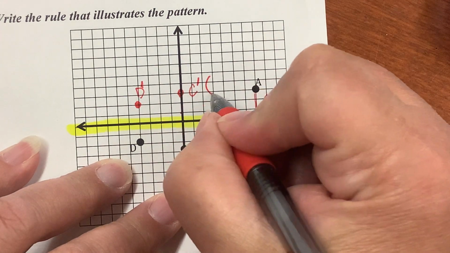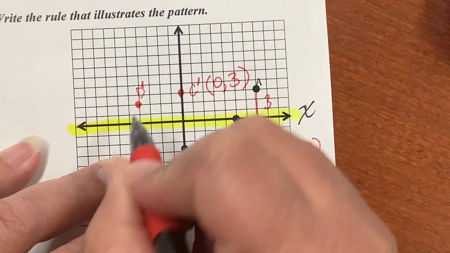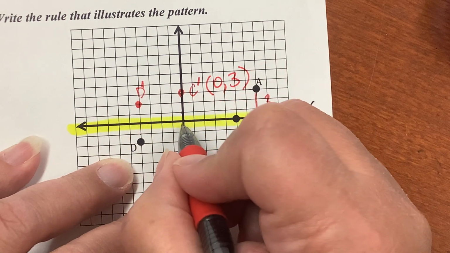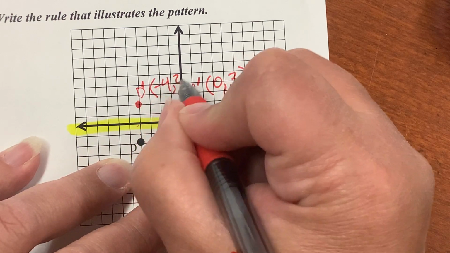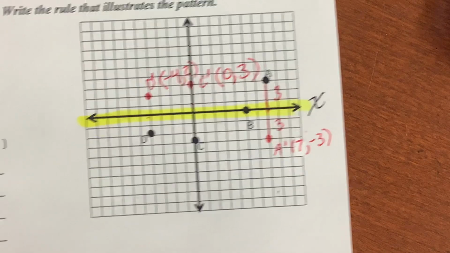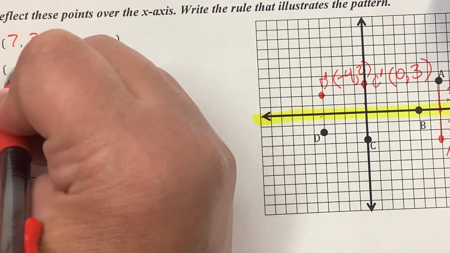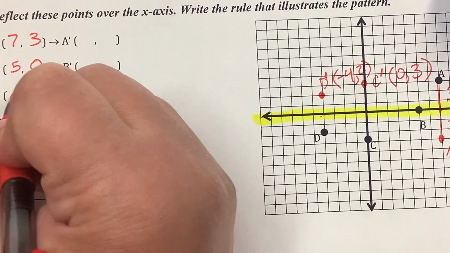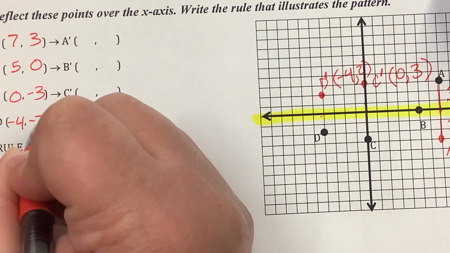C prime is at 0, 3, and D prime is at -4, +2. So the original points stayed the same: 7, 3, 5, 0, 0, -3, and -4, -2.